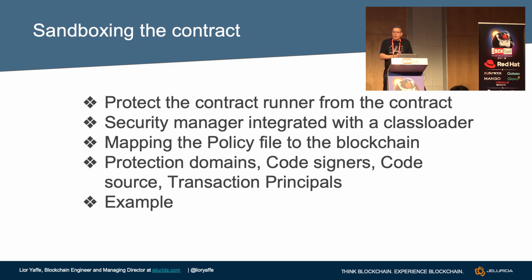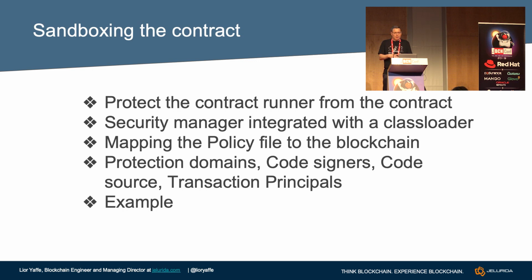So again, Java comes to the rescue because Java has a very sophisticated security model, sandboxing. We run the contracts in something that looks intuitively similar to the way browsers run Java applets. We use the Java security manager, which is integrated into our custom class loader.